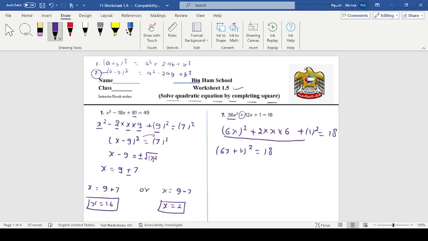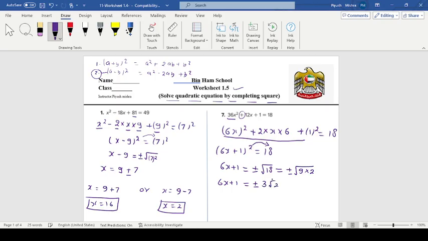Now again I will put the square on this side, so it will come under square root. I can write 6x plus 1 is equal to plus minus under root of 18. Under root of 18 you can write like this also, 9 times 2. I can take the square root of 9, so I can write 6x plus 1 is equal to plus minus 3 root 2.